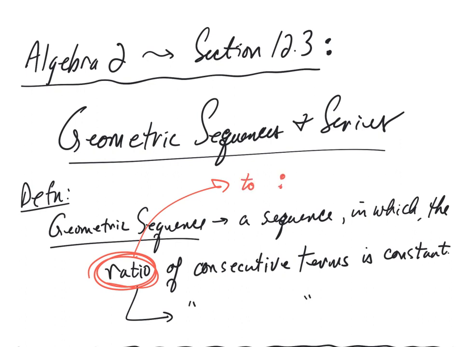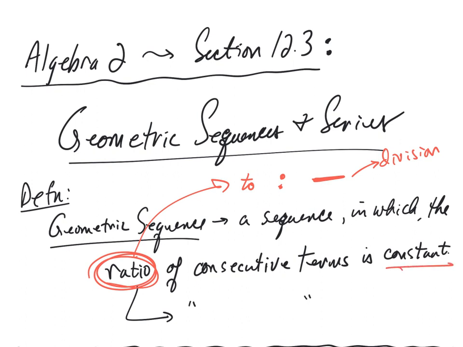We're not going to use a colon like we may have in junior high school. What we're going to do instead with our ratios is create fractions, and think of that fraction kind of as being the operation division. So it's a sequence in which the ratio of consecutive terms is constant.